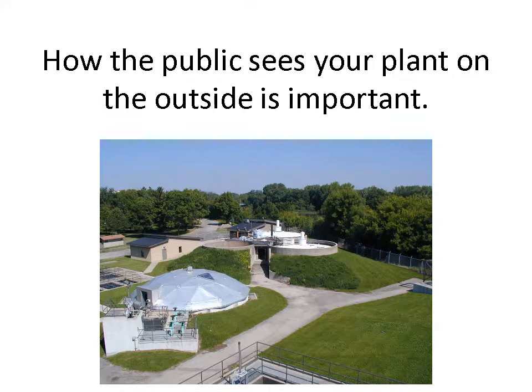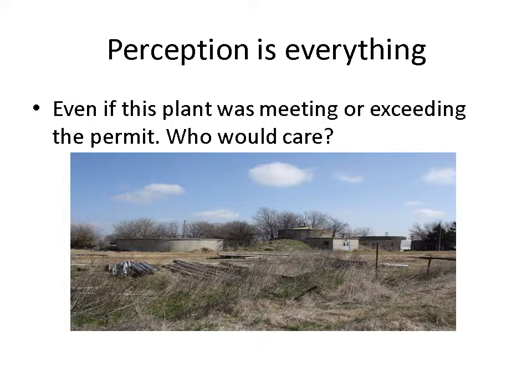How the public sees your plant on the outside is just as important as the process on the inside. You can have the best water in the world coming out of a plant, but if it looks like this on the outside, nobody's going to believe that your effluent and what you're putting into the environment is safe and healthy. They're going to perceive that your plant is a mess on the outside so your process is a mess on the inside.